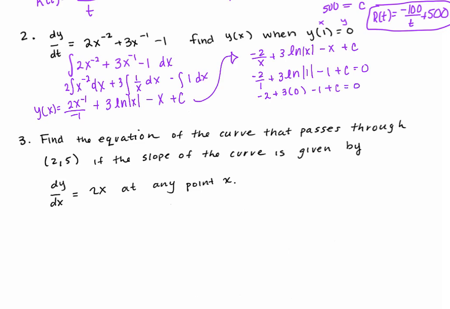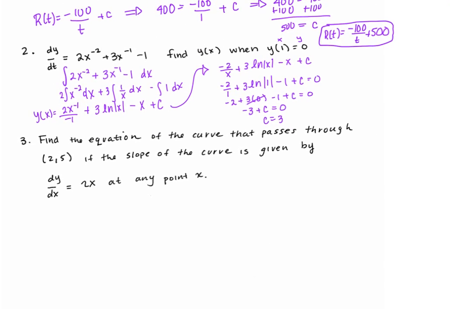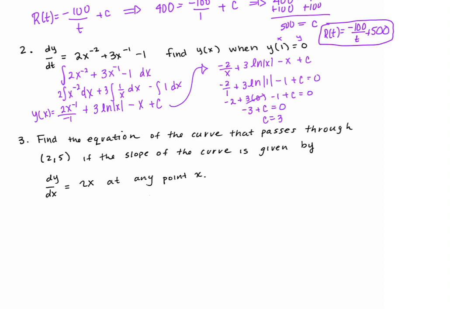Combine like terms, that goes away, and I've got negative 3 plus c equals 0, so c equals 3. So my final answer is y of x equals negative 2 over x plus 3 natural log x minus x plus 3 instead of plus c.